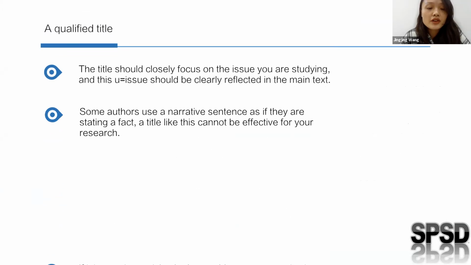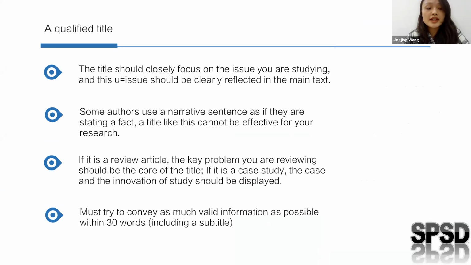The title should closely focus on the issue you study, and this issue should be clearly reflected in the main text. Some authors use a narrative sentence, like stating a fact. This cannot be effective for your research.